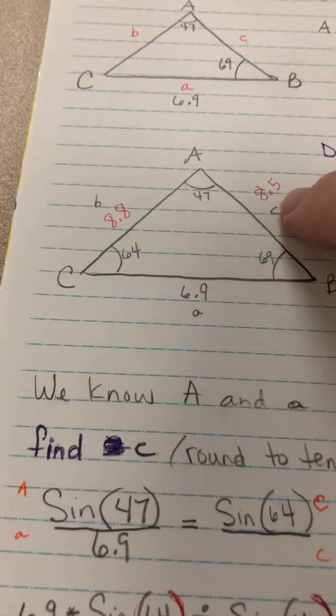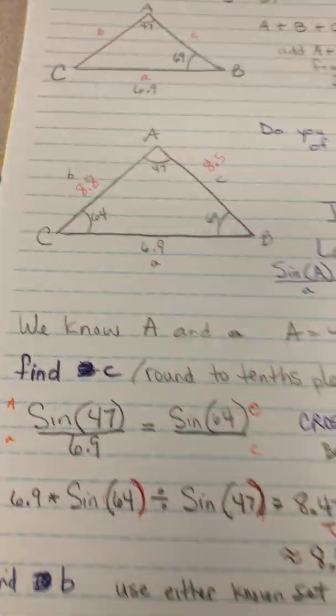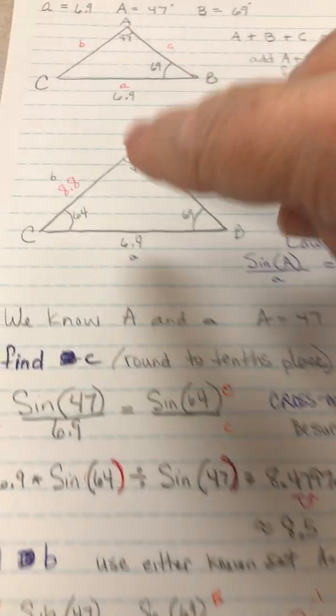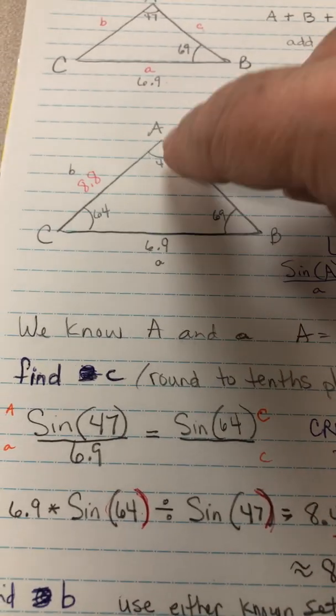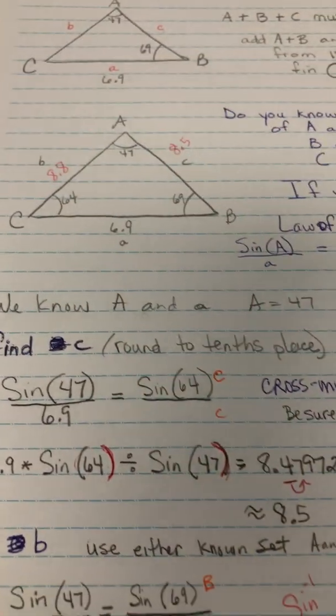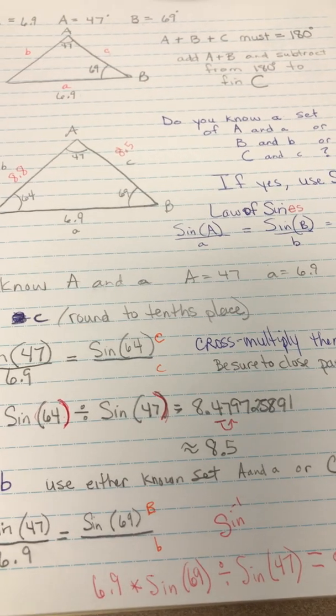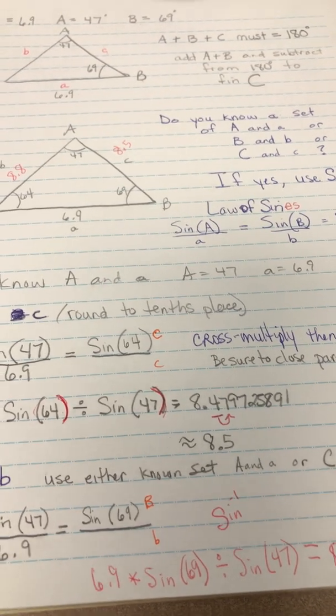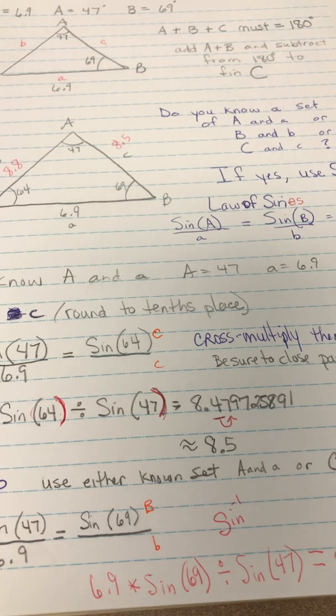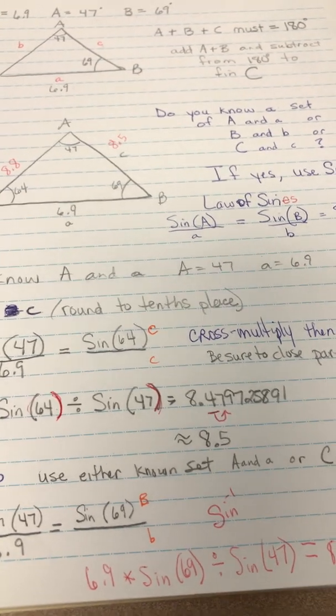Notice we were finding the sides, and so we just used normal sine. But if we were somehow needing to use that to find an angle, and we'll do that on another example in a little bit, then yes, we need to use inverse sine or inverse cosine, depending on which thing we're using.